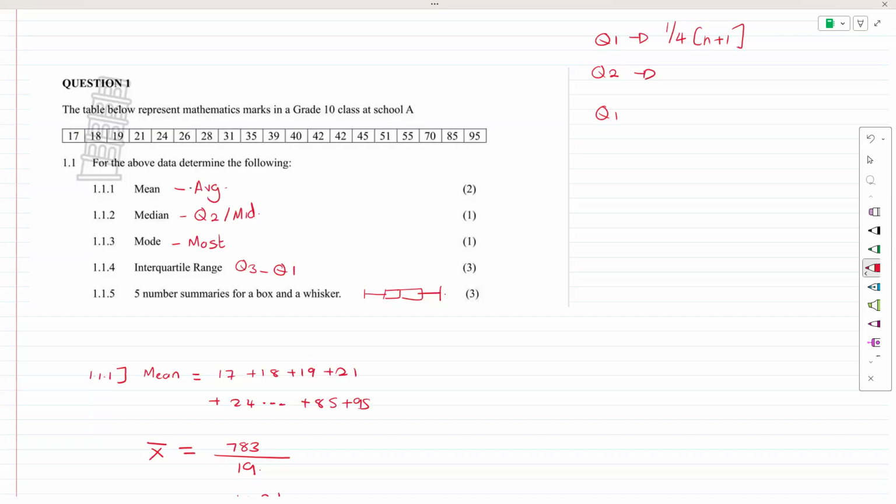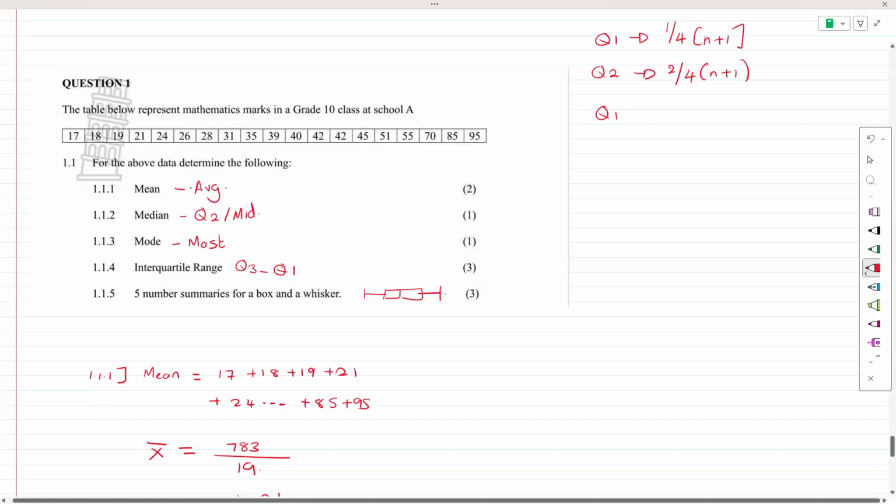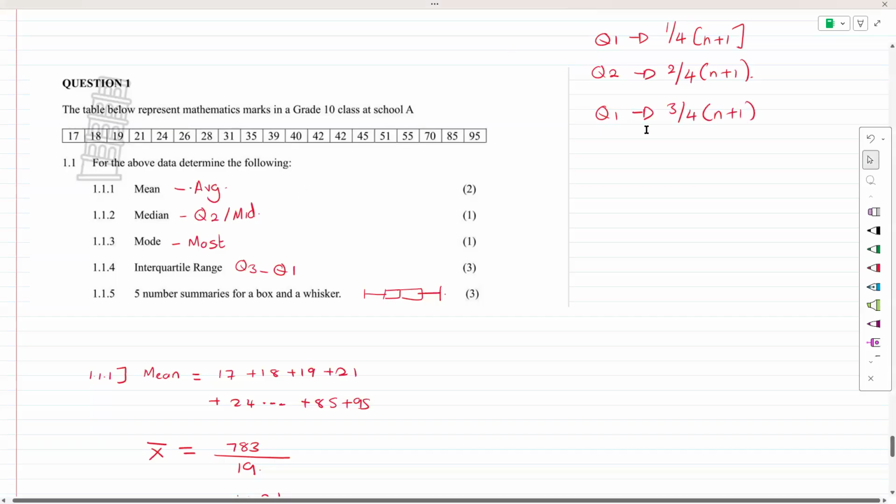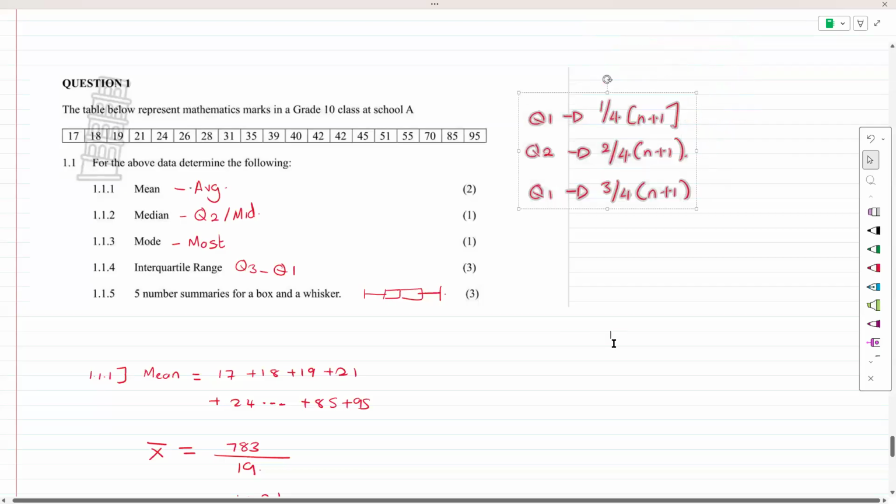I would prefer you guys learning this. It makes it easier. This is for Q2, 2 over 4 times n plus 1. And Q3, 3 over 4 times n plus 1. These formulas are not given to you. The schools don't use them too often, but when you have big groups of data, it's better than you sitting and scratching out like this.